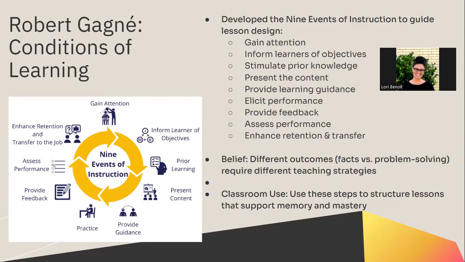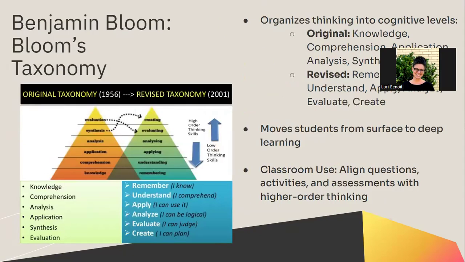He believed that different types of learning, like facts versus problem solving, require different approaches. Using Gagné's steps helps ensure students are engaged, supported, and able to transfer their learning to new situations.